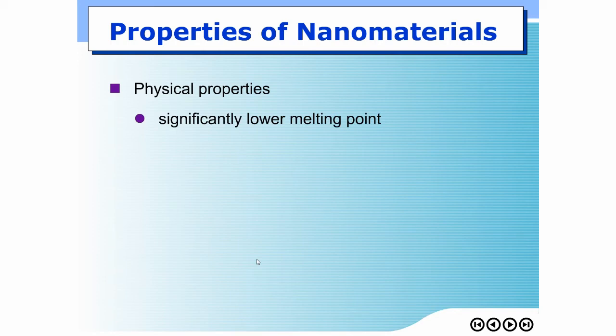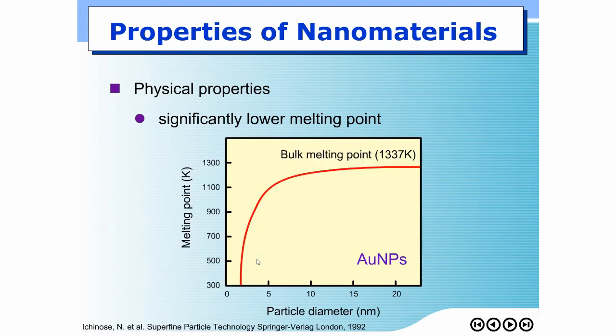Physical properties for nanomaterials. The first one that people have observed is the significantly lower melting point. Just like this graph, this is the melting point of gold.